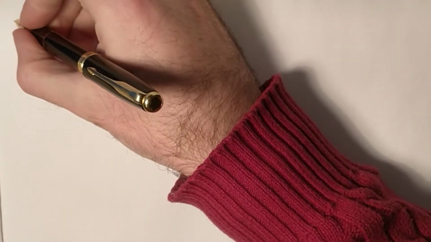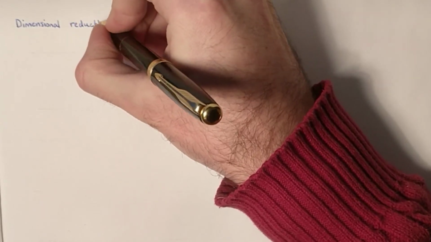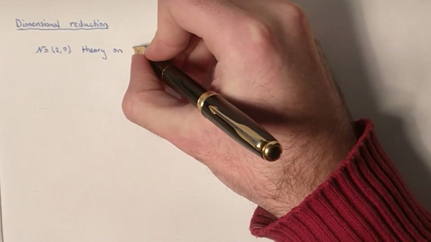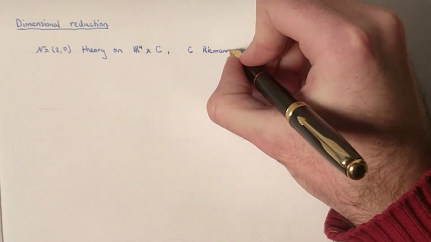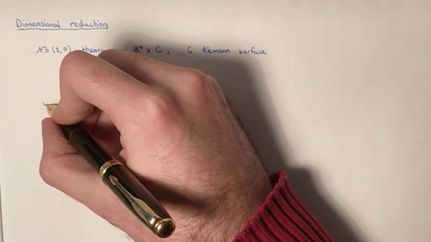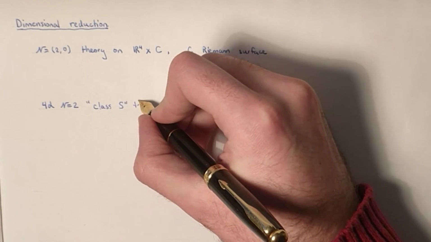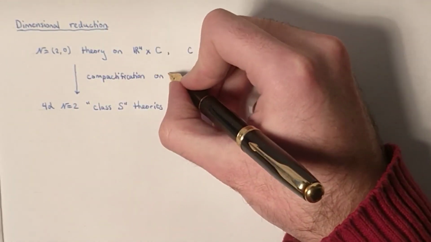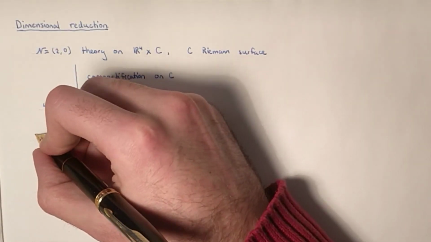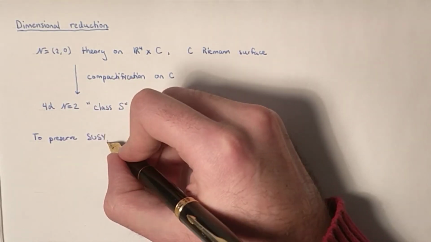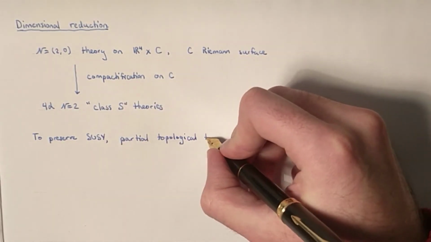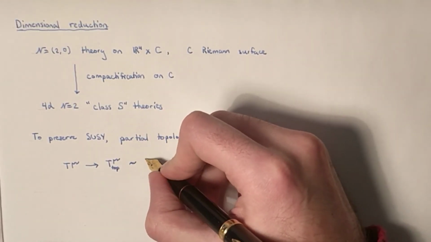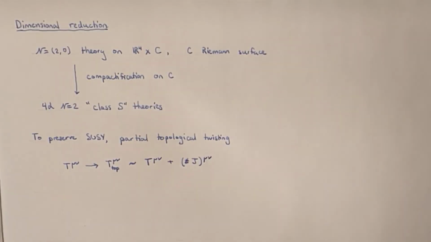There's a nice story of how to relate our surfaces to operators of 4D N=2 class S theories, which I can briefly sketch here. Basically, one can place the (2,0) theory on some background manifold R4 times the Riemann surface C and compactify the latter. Now, in order to preserve supersymmetry, one needs to perform a topological twist, which means that along with the non-trivial metric, one also needs to source some background R-symmetry current.